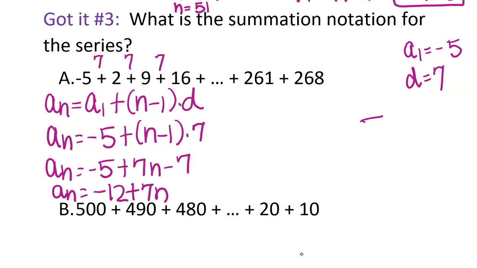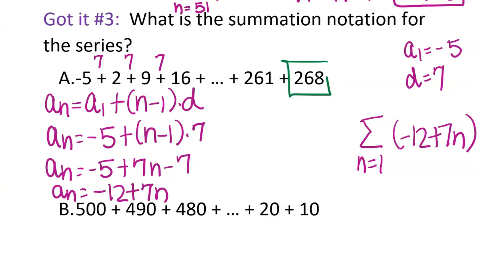So far, my formula would be -12 plus 7n. I need to find out how many terms there are, so I'm going to use my very last one, 268.